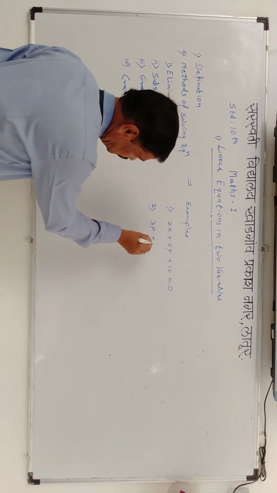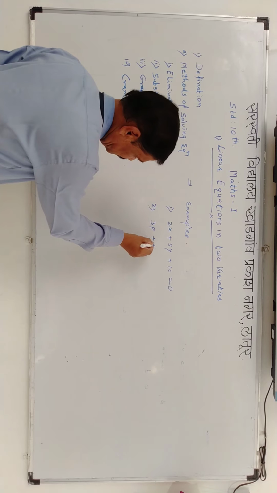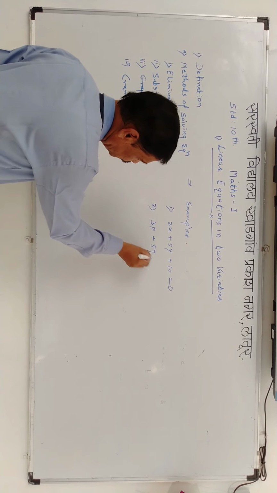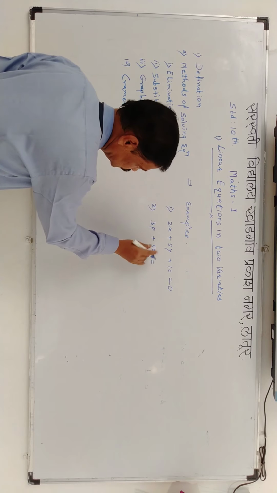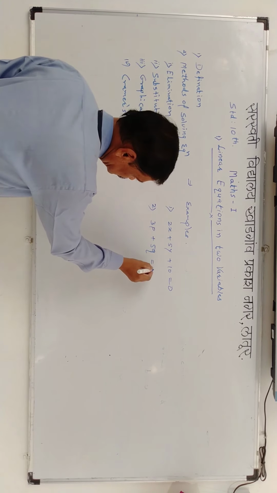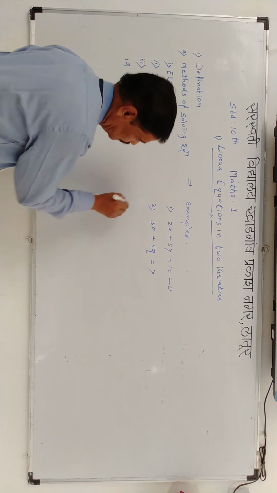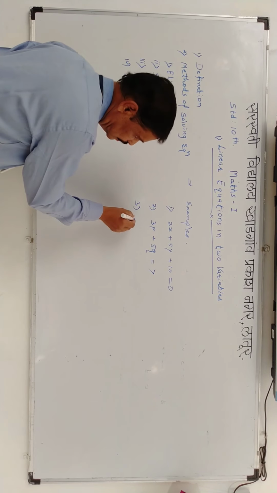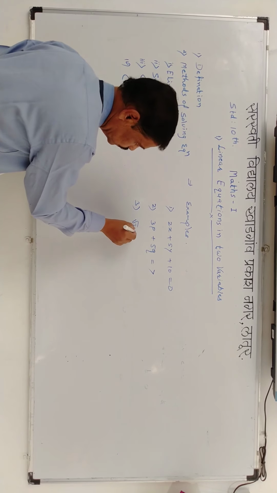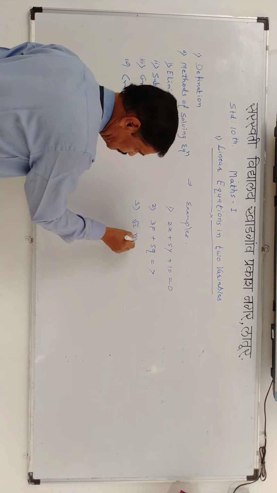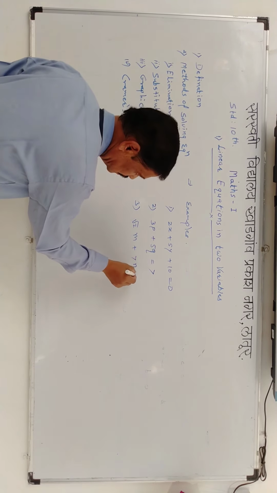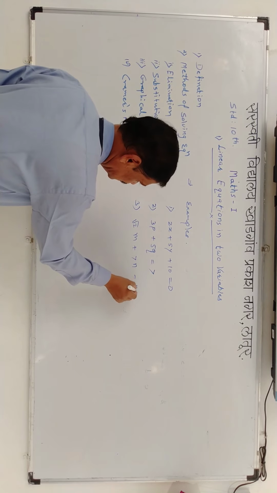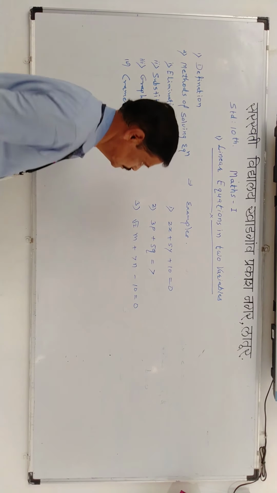3p plus 5q is equal to 7. A third, under root 2m plus 7n minus 10 is equal to 0.